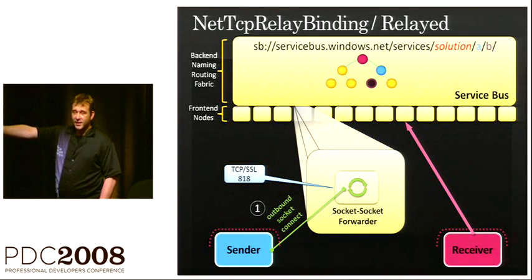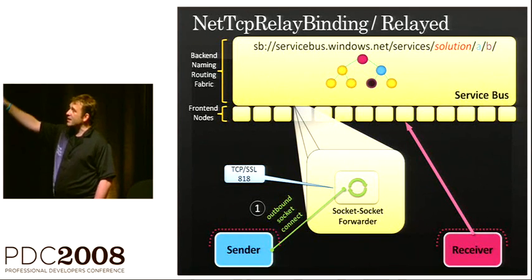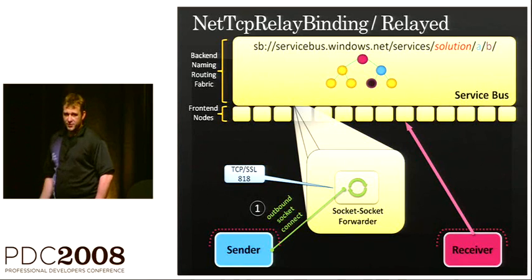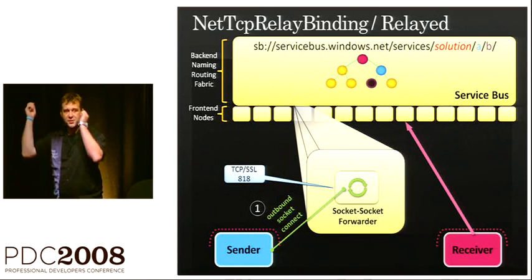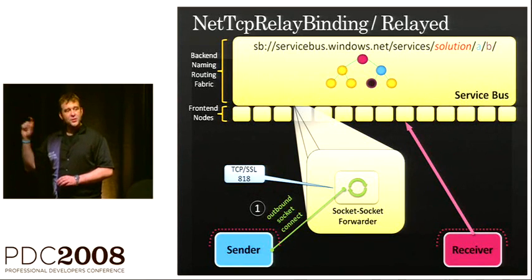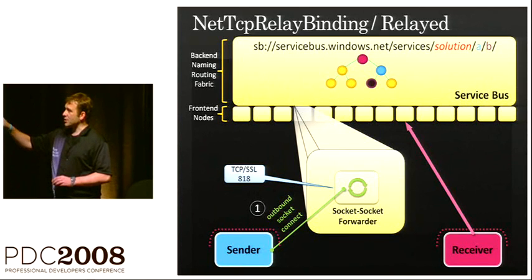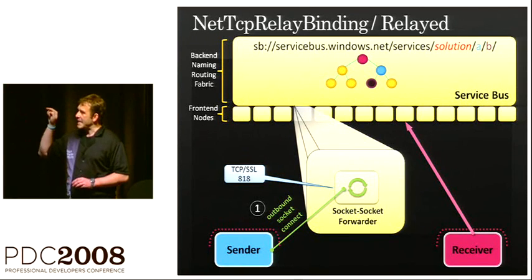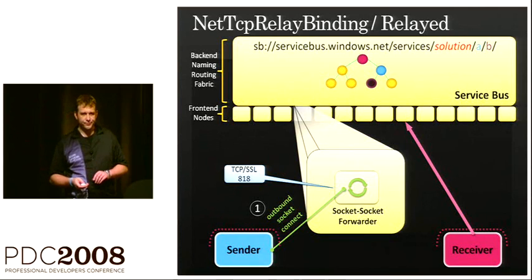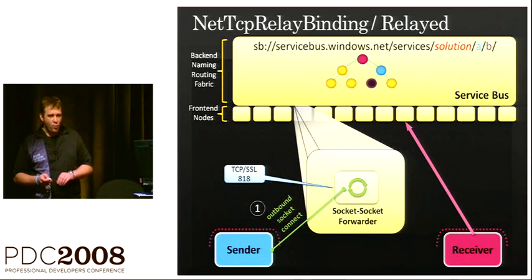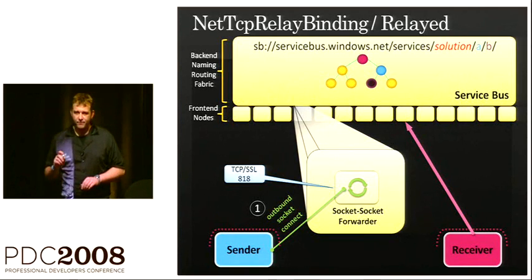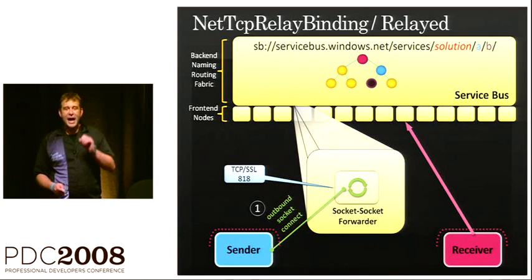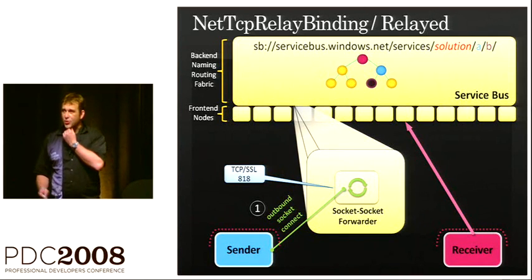The sender then starts sending messages to that endpoint. It basically just opens up a connection and starts sending. When it does so, it creates a socket connection to one of those endpoints and hits a socket-socket forwarder. That socket-socket forwarder then says to the receiver, I have someone for you who wants to connect to you.